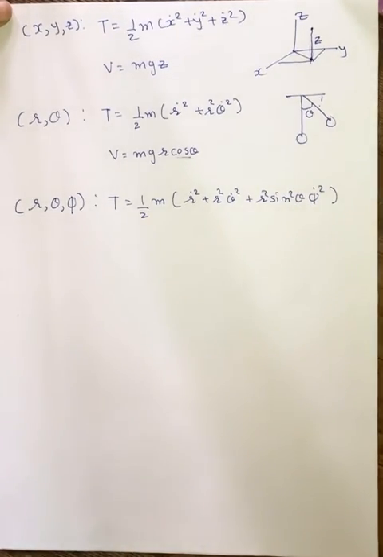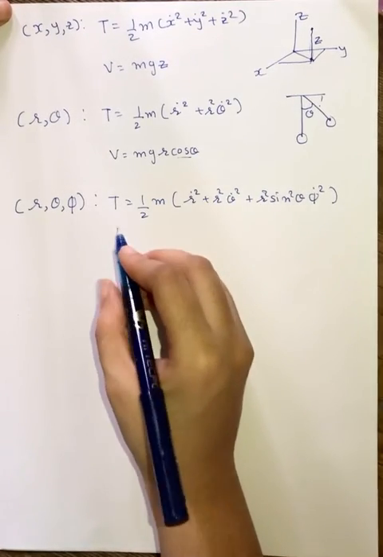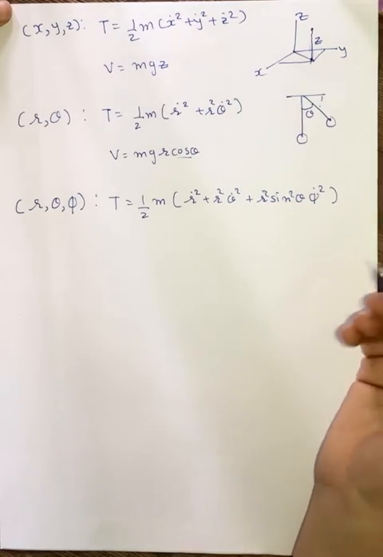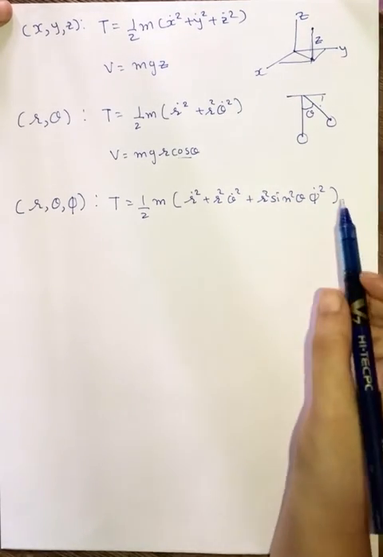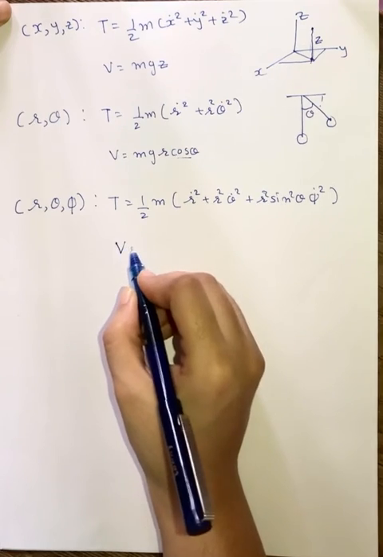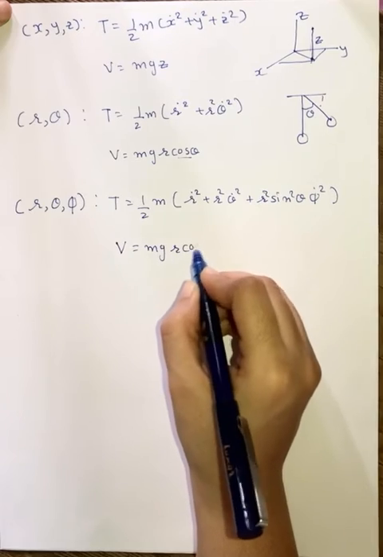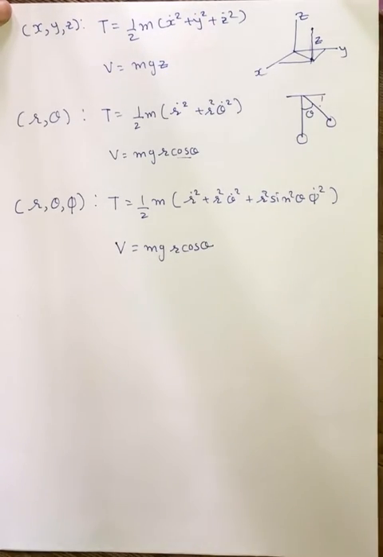And the potential really depends on what you take, but I can still write it as mg r cos theta in case it is a z component.